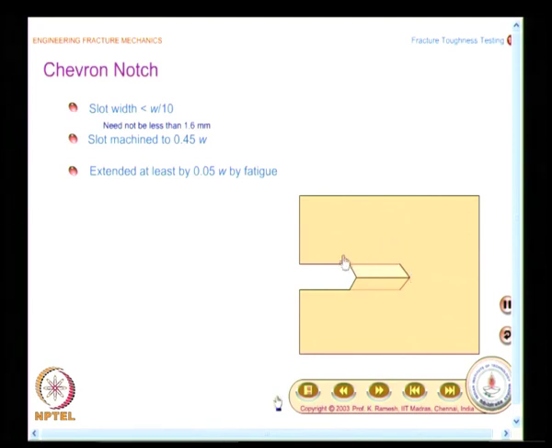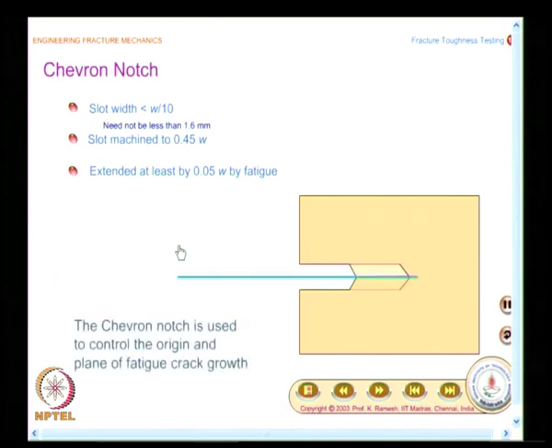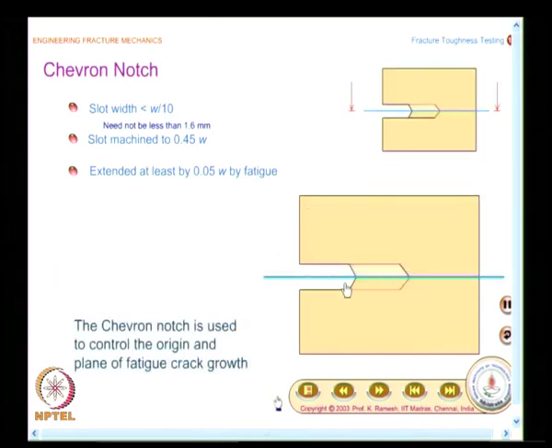This depends on the design of the notch, and let me put a plane passing through this. The idea of the chevron notch is used to control the origin and plane of fatigue crack growth.